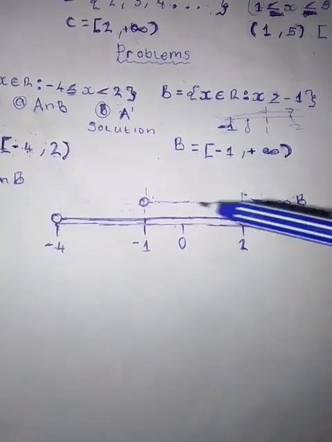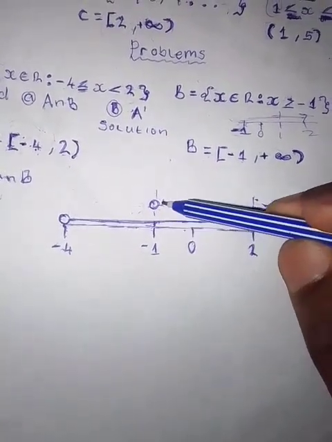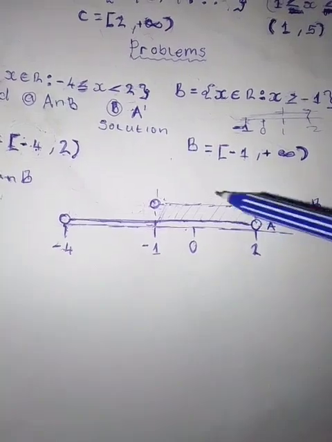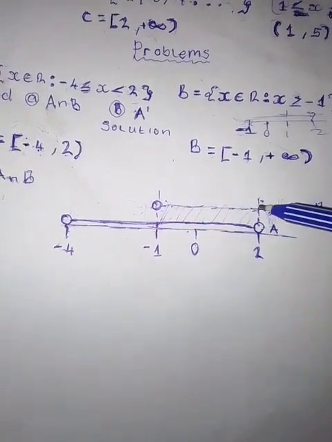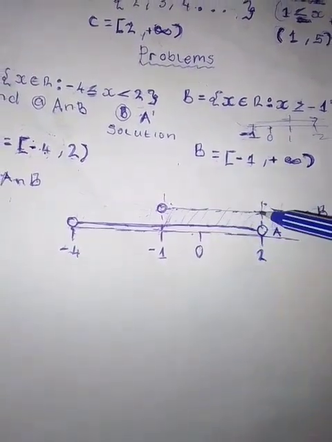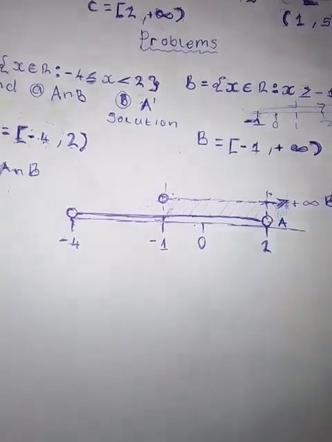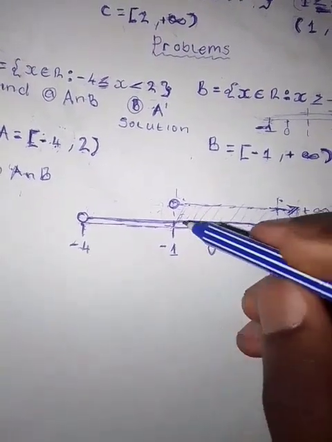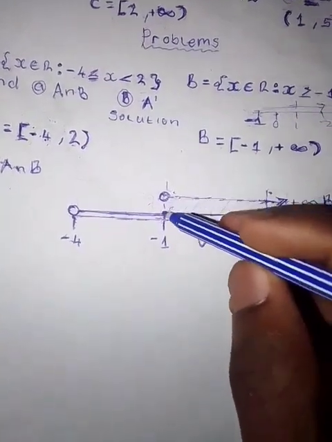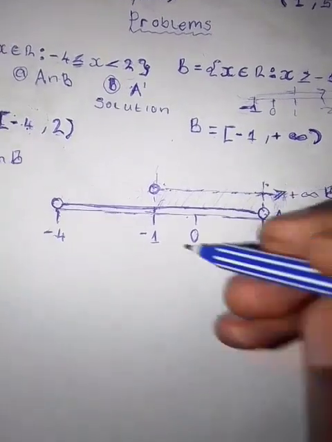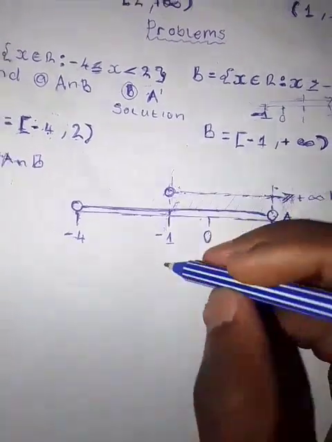But between here, all the members are present. The members from set B range from here to here, and from set A from here to here. So you're going to write the numbers at the starting point and the ending point. Which number do we have? We have negative 1, right?